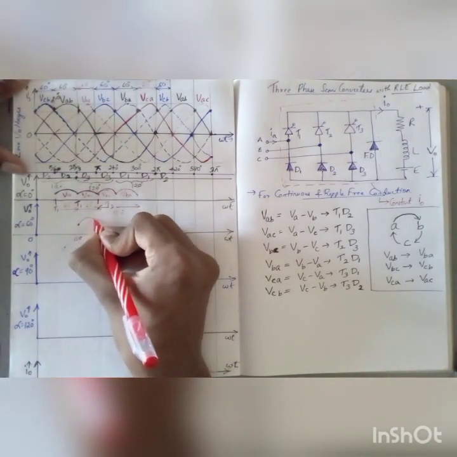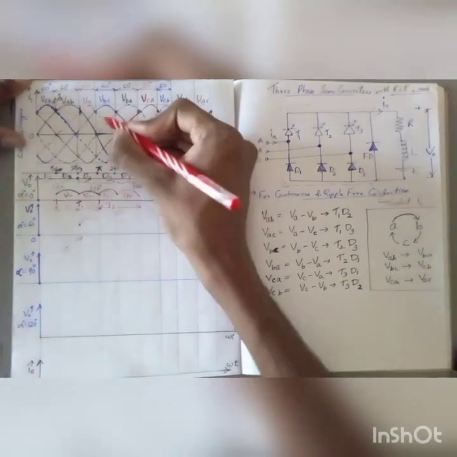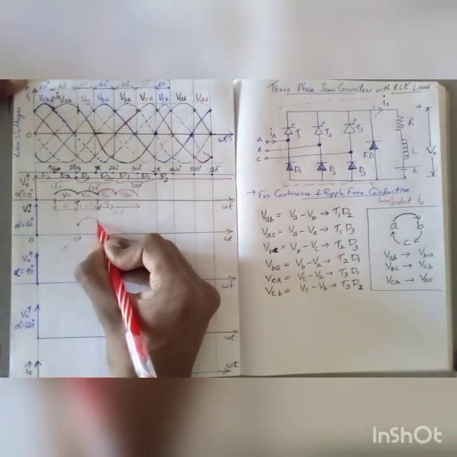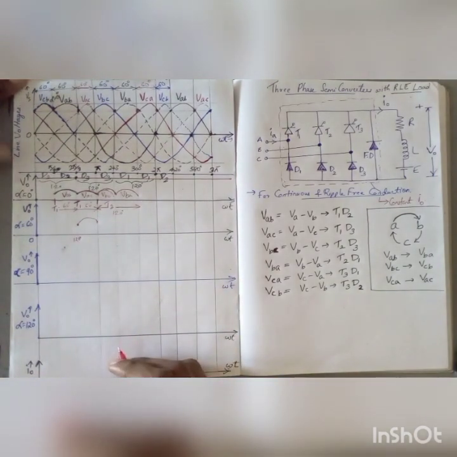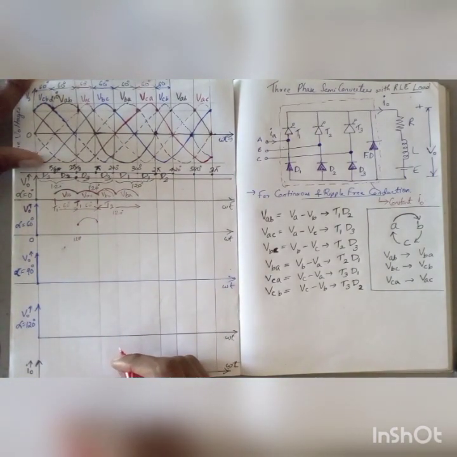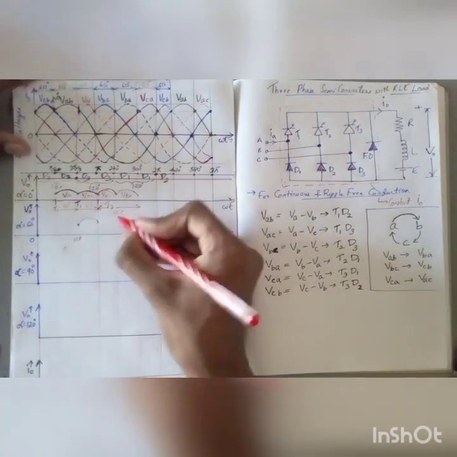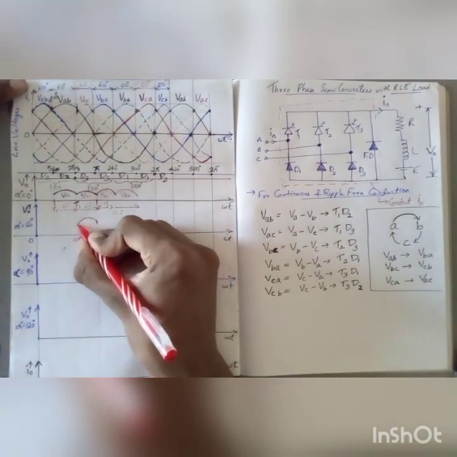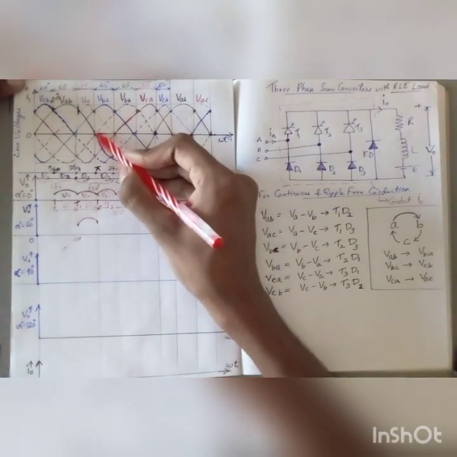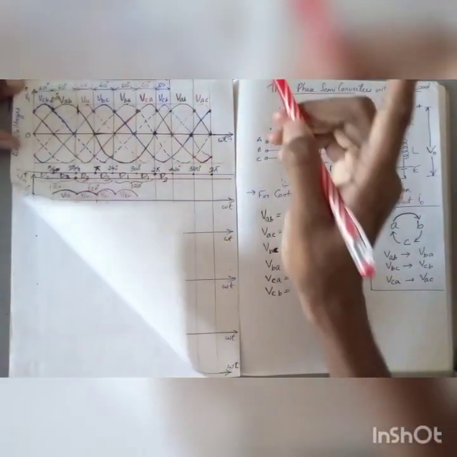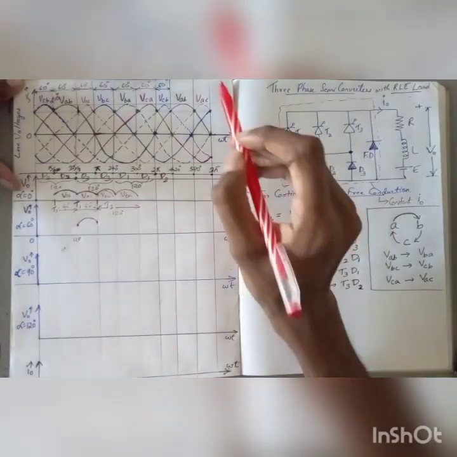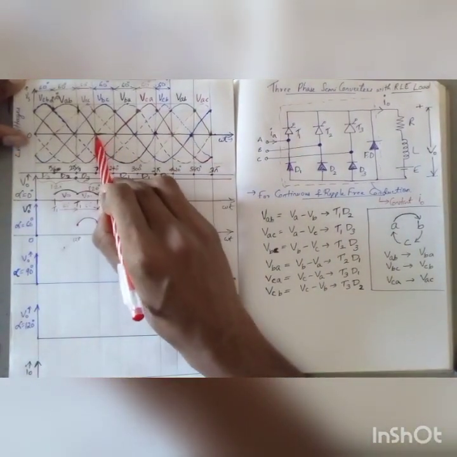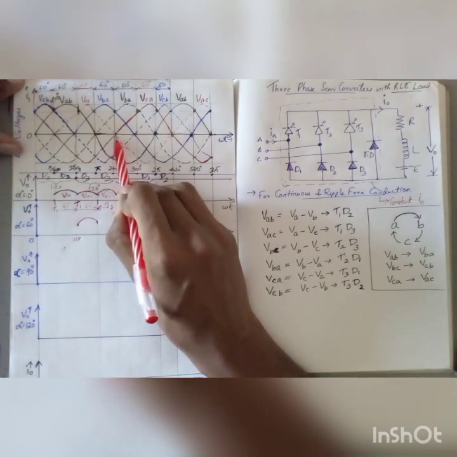At this point, I will get VAC. Okay, at omega t from 120 to 180 degree, I will get VAC. From 180 degree onwards, what happens? That's a very important point to be noted. From 180 degree onwards, what will be the case of T1?